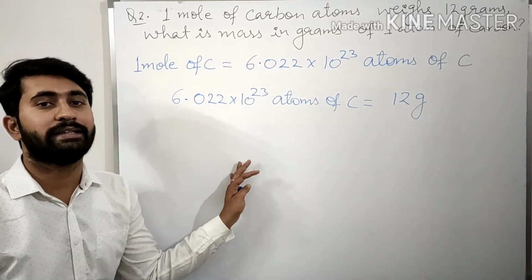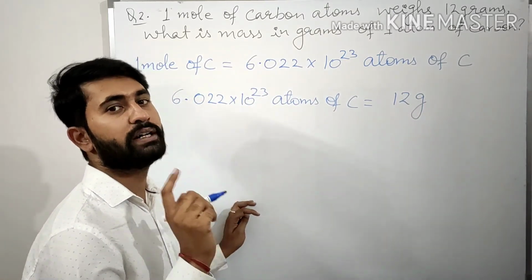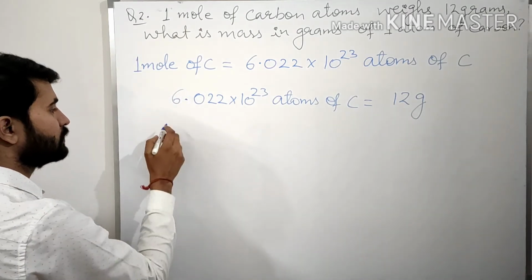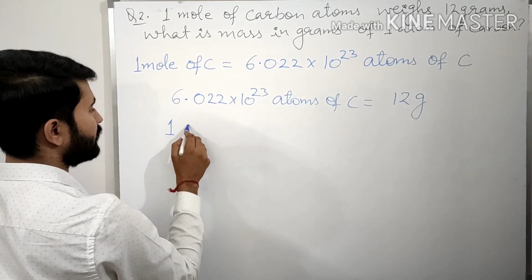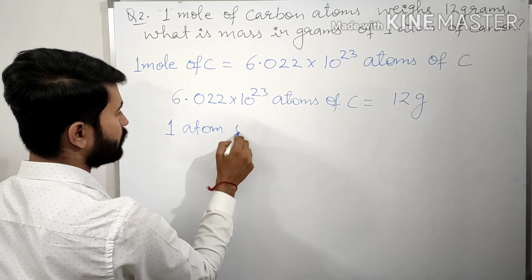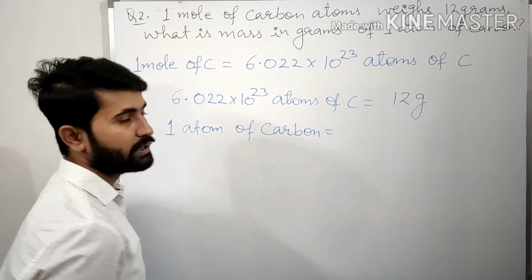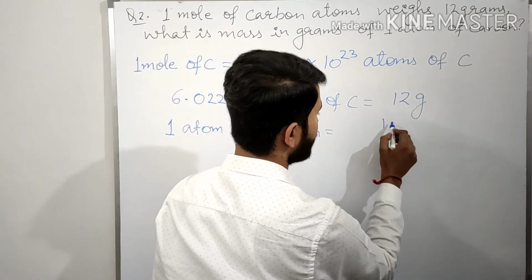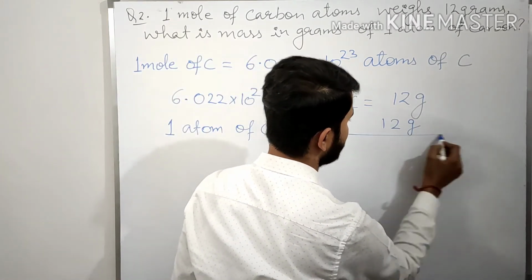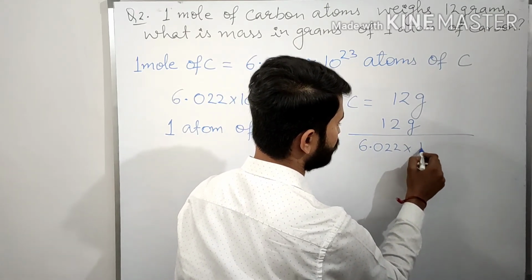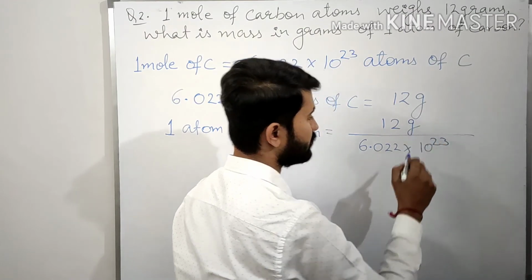So now we can easily find the weight of 1 carbon atom. We will divide this 12 by this number. So 1 atom of carbon will have a weight equal to 12 gram divided by 6.022 into 10 to the power 23.